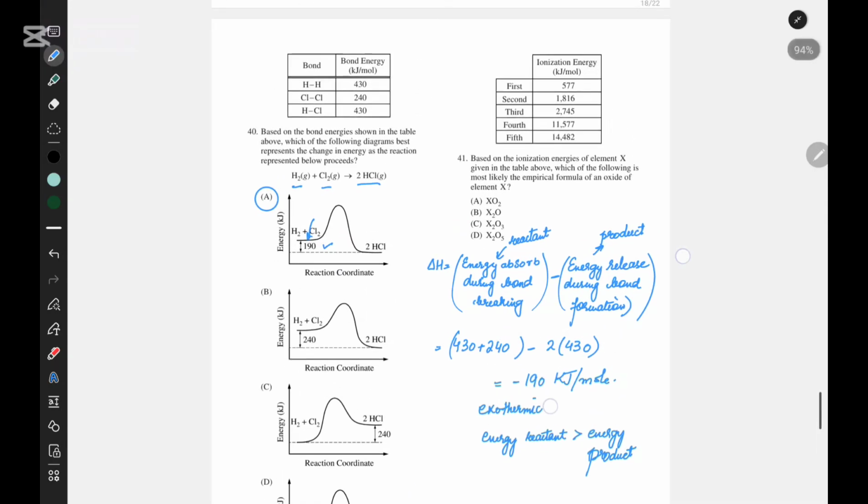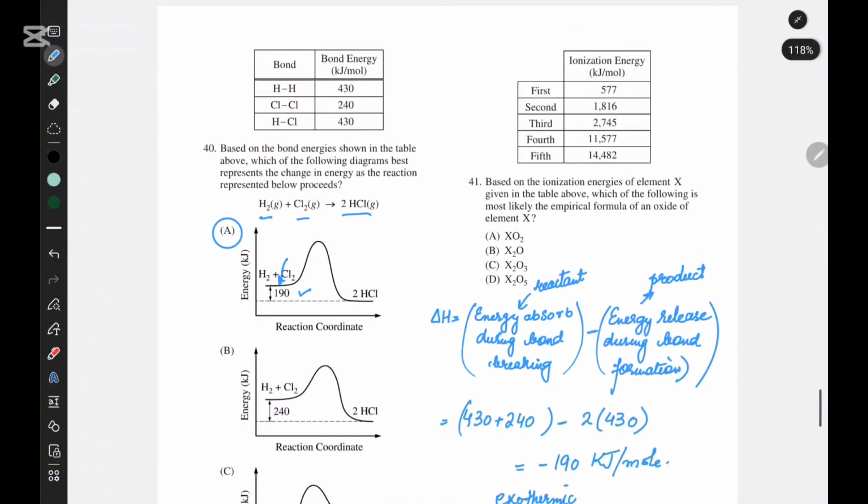Next, question 41 says, based on the ionization energy of element X represented in the table above, which of the following is most likely to be the empirical formula of an oxide of element X? If you see the third and fourth ionization energy, you are going to see a big gap, a big jump. Why is there a big jump?